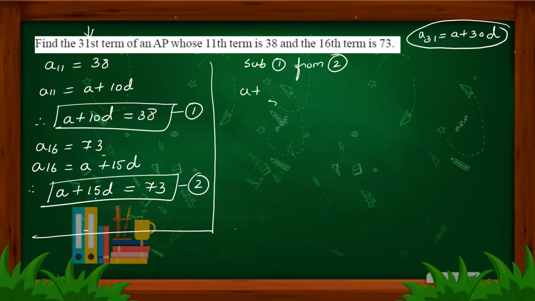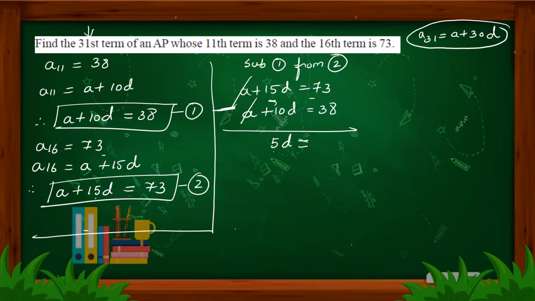So A plus 15D equal to 73 minus A plus 10D equal to 38, right? A gets cancelled. 15D minus 10D, so we have 5D. 73 minus 38, so 38 to 48, 48 to 58, 58 to 68, and then plus 5, so that's 35.